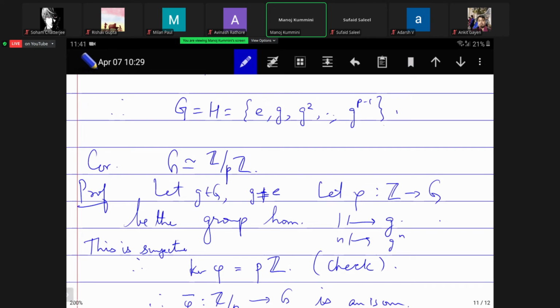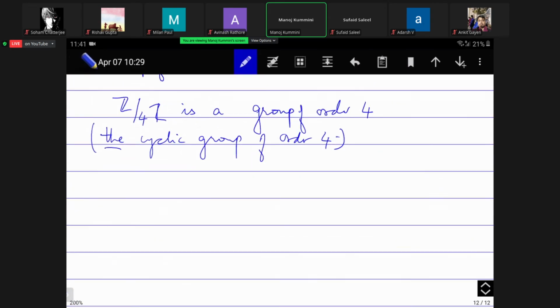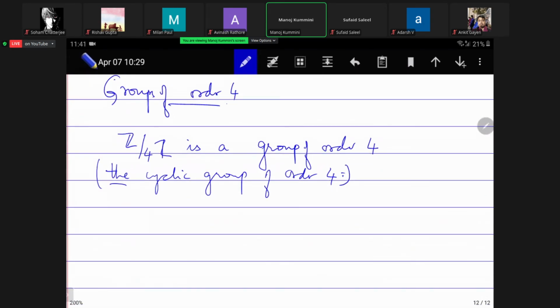So that I will put as an exercise. It will also give you this idea that in order to prove that two groups are isomorphic, try to come up with some natural function and then check that it is a bijective group homomorphism. Sometimes checking that it is a group homomorphism is already built into something. Then you just have to check bijectivity, or you have to put it as an inverse group homomorphism.